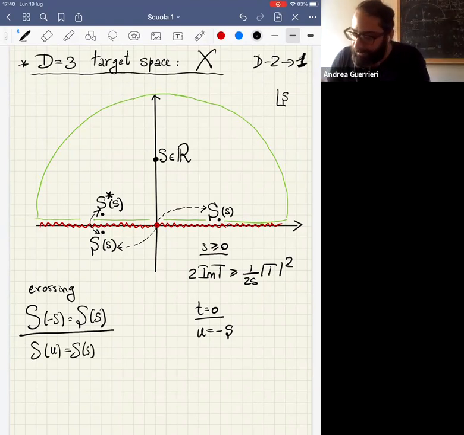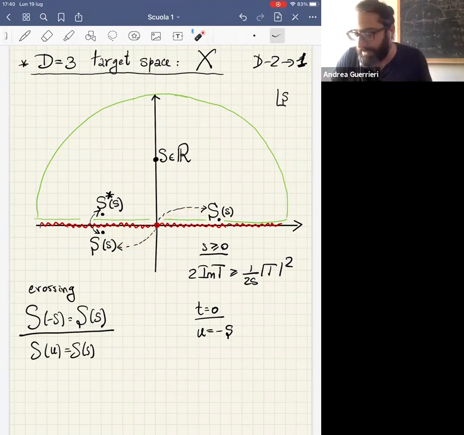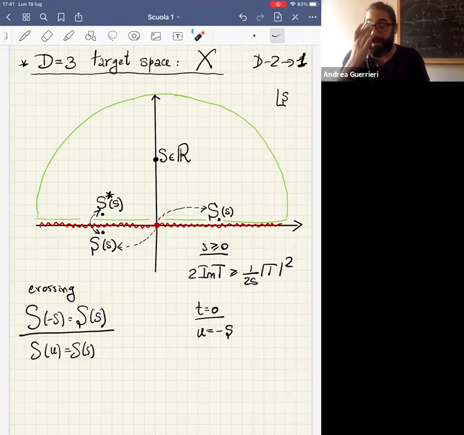Now you may complain that this path here is not really a path, because there is a cut stretched along the whole real axis. This is a bit of a technical point, but we are borrowing the properties that are valid for massive particles.